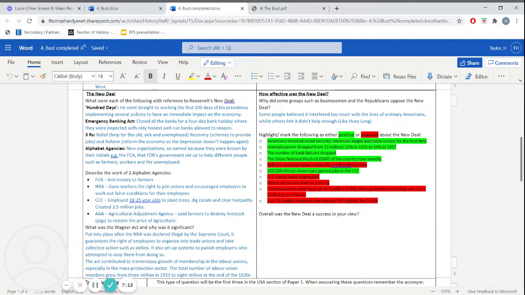And this is the case with lots of presidents, where you think about the first 100 days of their presidency, and that's when they really get to work and put into place several of the policies that they're really keen on, and they use the political capital they have from that election. One example of the policies he put into place in his first 100 days was the Emergency Banking Act.